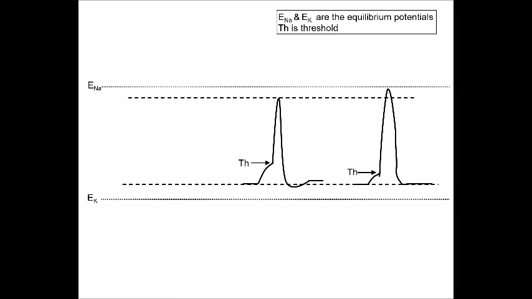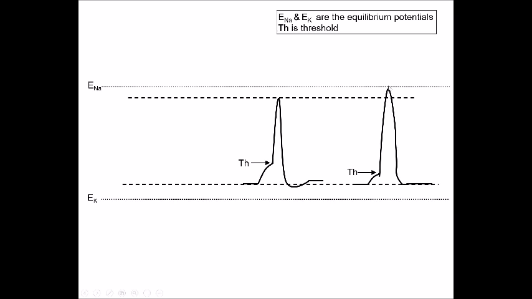If we change the threshold of the voltage-gated sodium channels and make them more sensitive to the voltage, then we've dropped the threshold, and we could reach threshold easier with a smaller depolarization. And if we changed the inactivation of the voltage-gated sodium channels, we could actually have a larger peak, right?